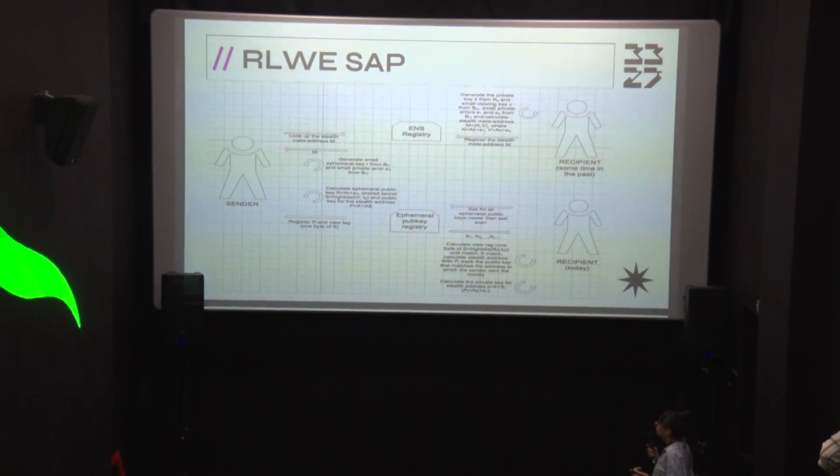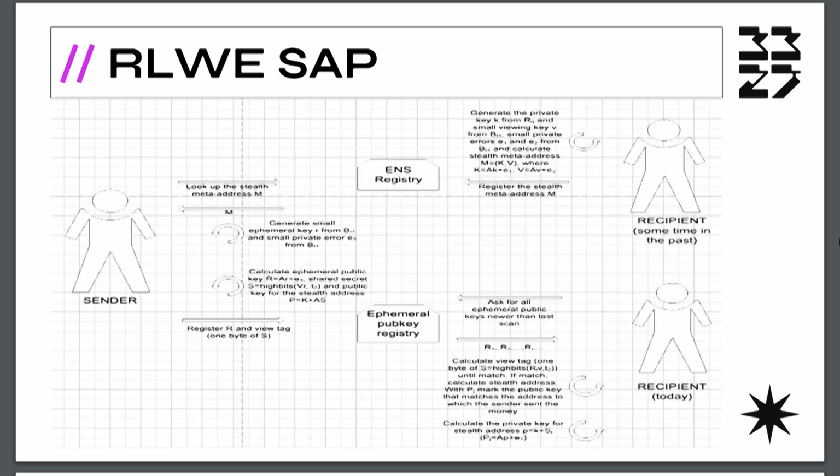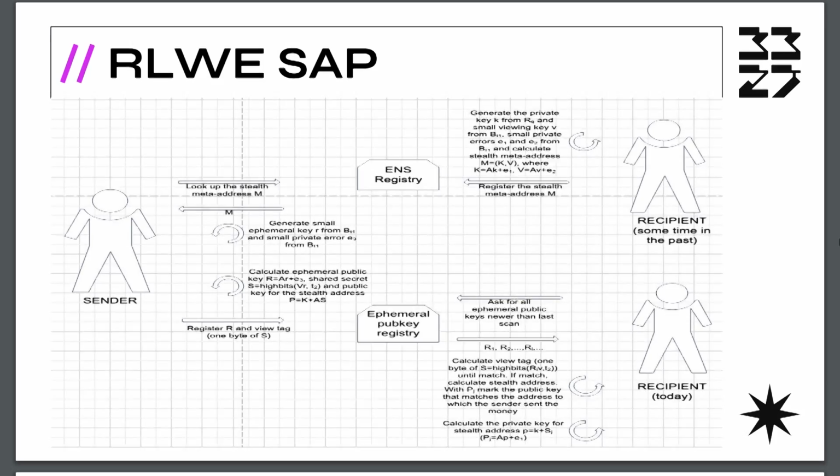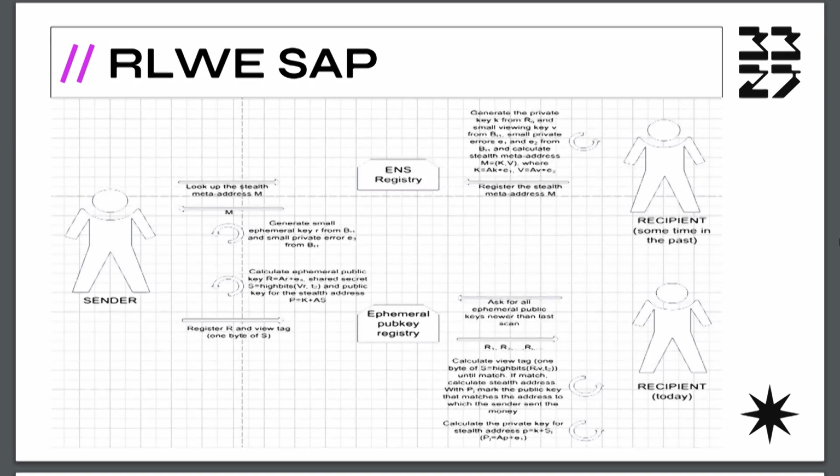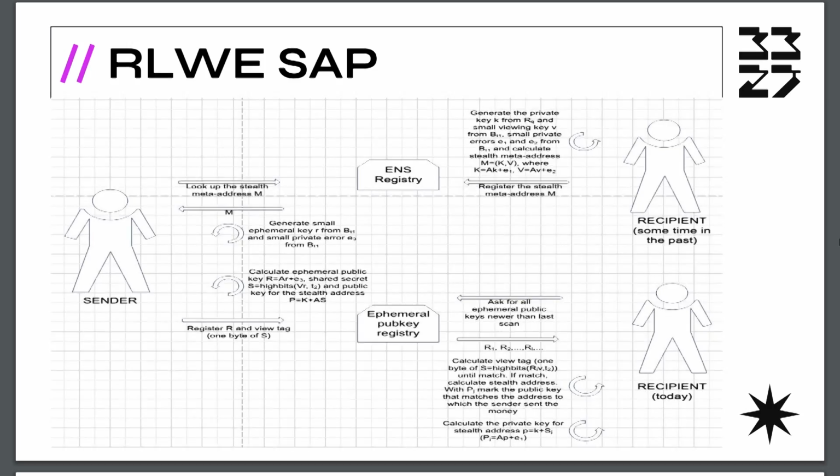And now we can explain our protocol. So we want to have the same structure as we already had. We have the recipient here, Bob, and we have the sender here, Alice. And we already said that the first thing that Bob needs to do is generate some kind of stealth meta address. So in order to do this, Bob needs to calculate his private key.